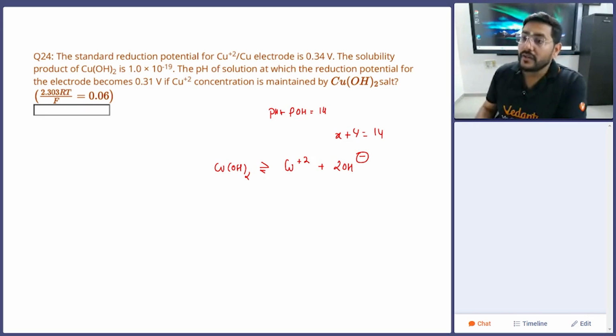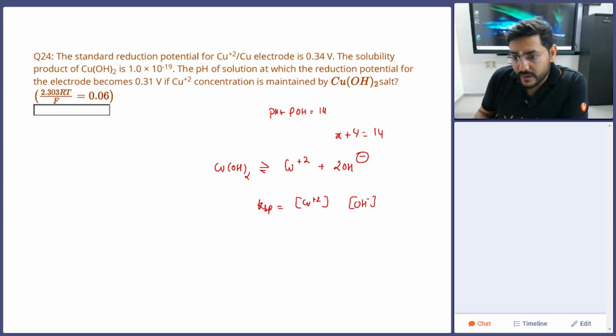Do you guys agree with me or not? The Ksp is equal to [Cu2+][OH-] raised to the power 2. Is there any doubt till now? We can easily write that part. Now, the Cu2+ ion concentration is equal to Ksp upon [OH-] raised to the power 2.